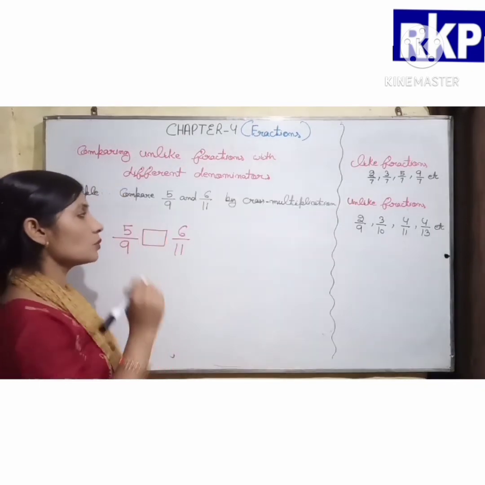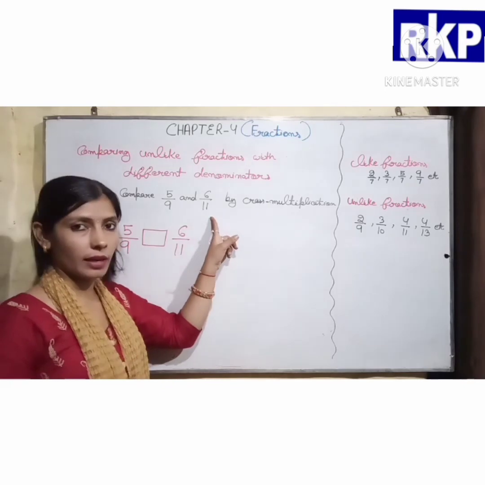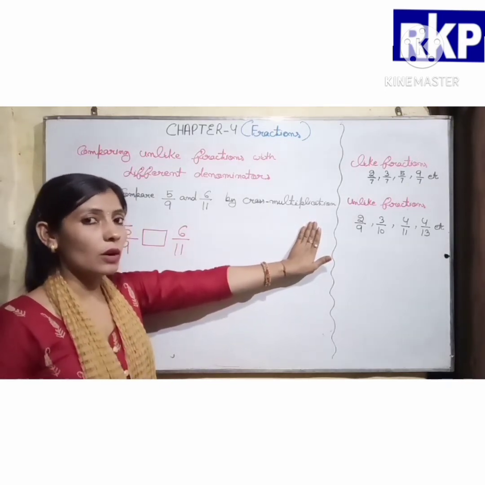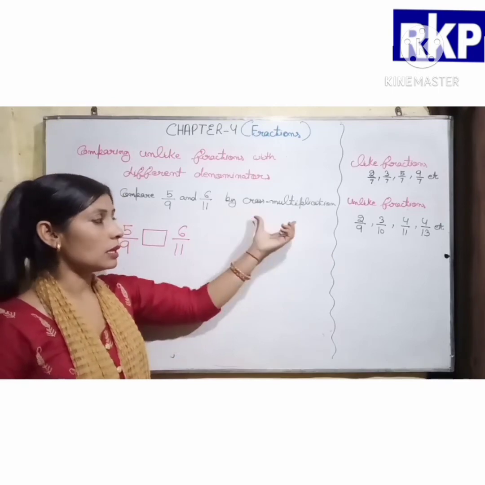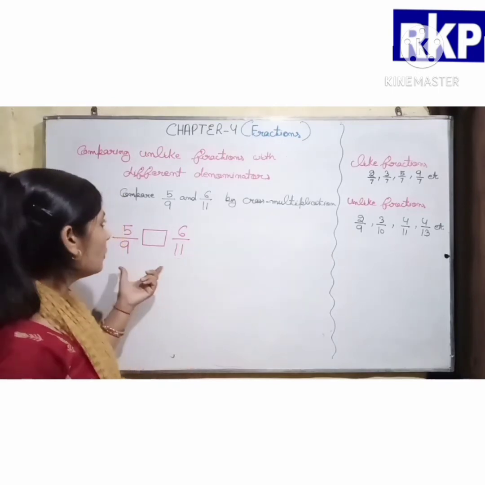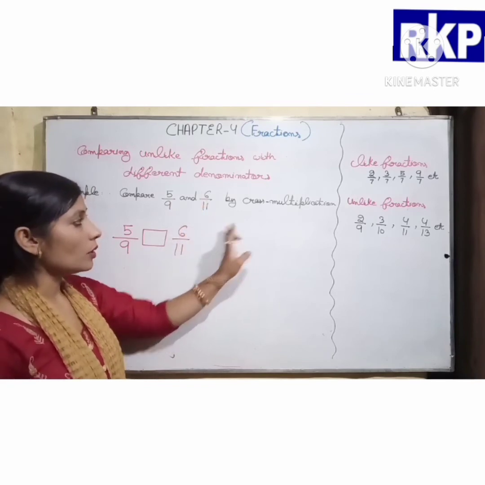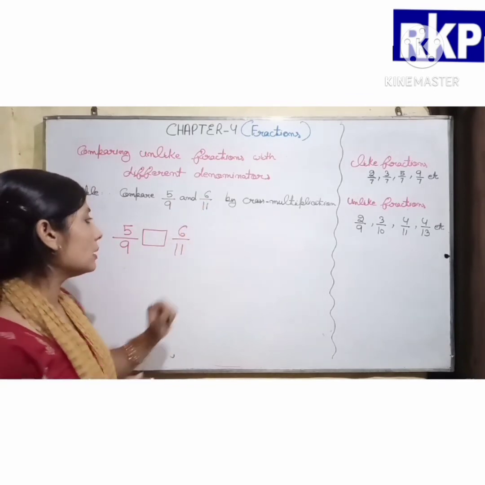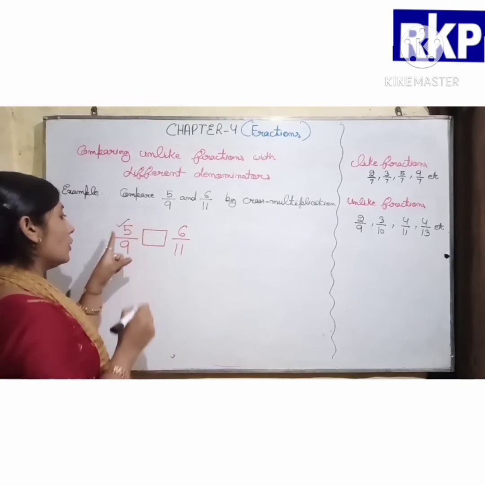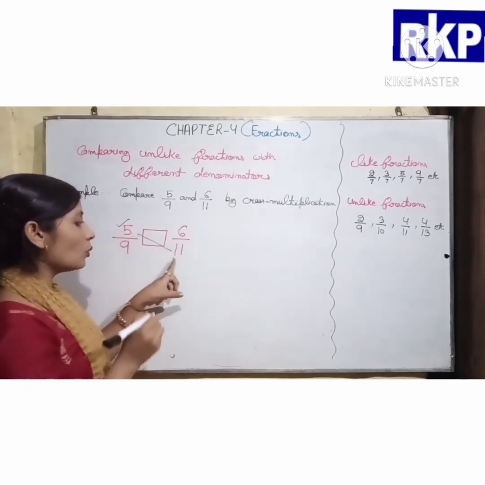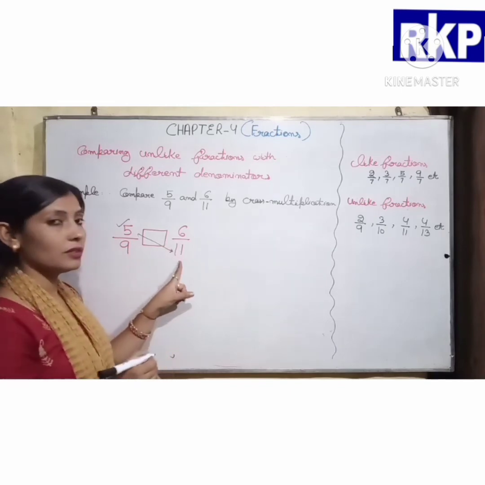Students, let us take one more example. In this we have to compare 5 by 9 and 6 by 11 by cross multiplication. Now beta, let us see how we can compare by the cross multiplication method. Here we have two fractions, 5 by 9 and 6 by 11. According to this rule, we have to multiply the numerator of the first fraction with the denominator of the second fraction.